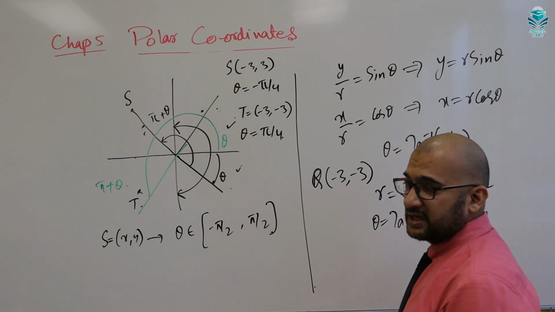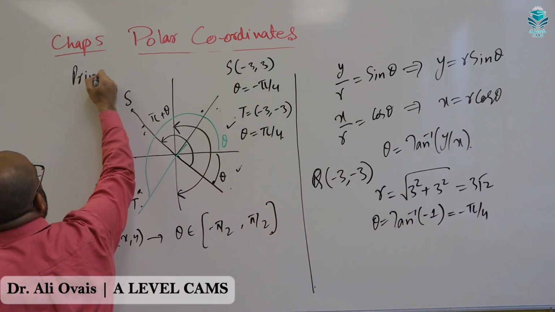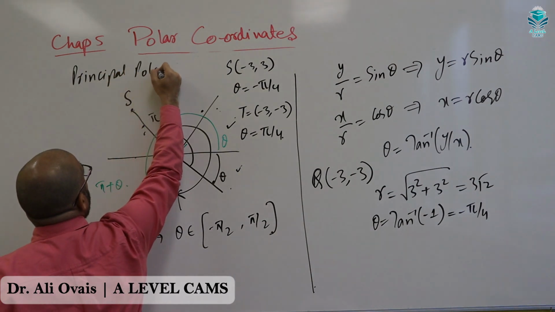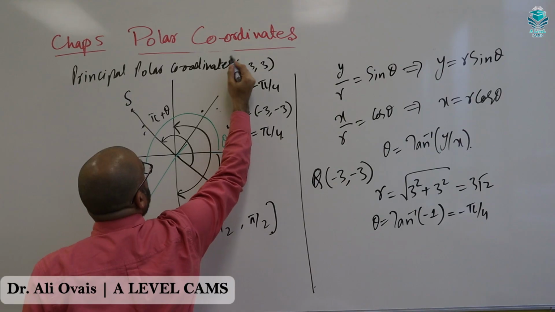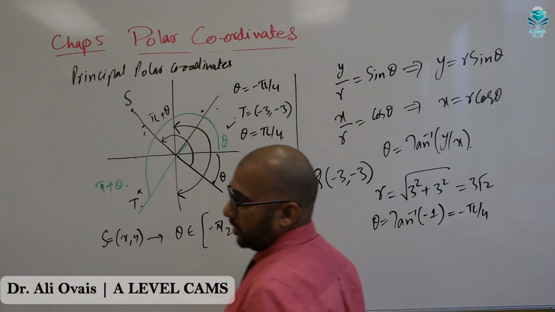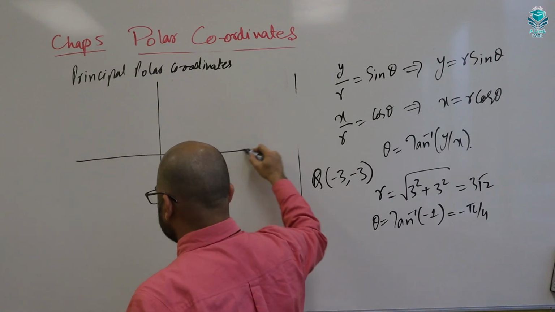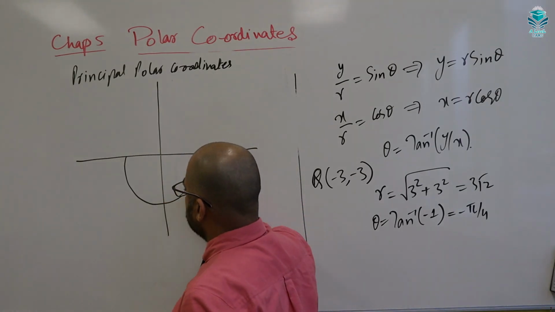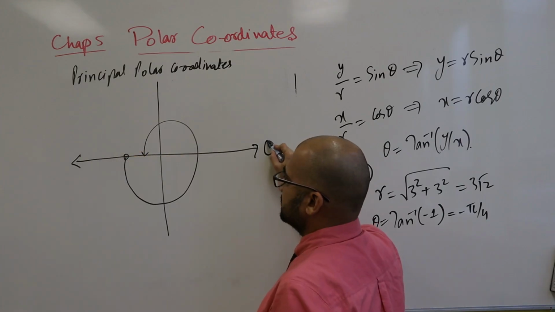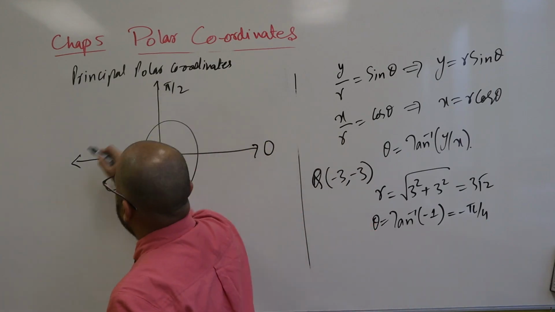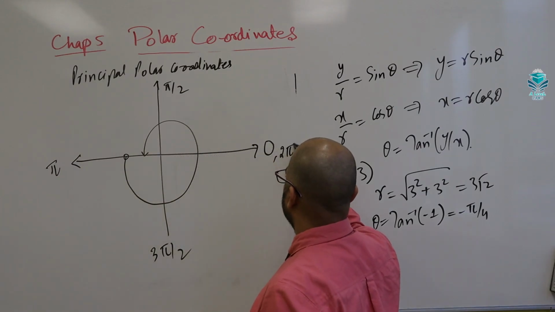But here is another term which is known as principal polar coordinates. What is principal polar coordinates? For the principal polar coordinate, we have to assume theta always from minus pi to pi, pi included. You know that here is angle 0, then pi by 2, pi, 3 pi by 2 and 2 pi.